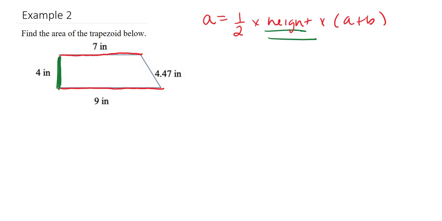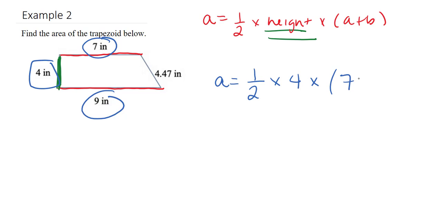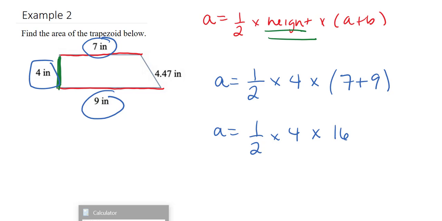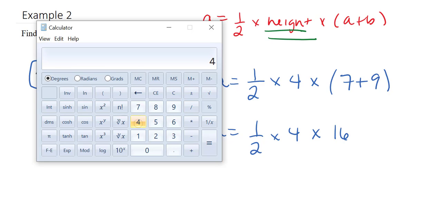So let's go ahead and plug them all in. So we have area is equal to 1/2 times the height. So this 4 inches times A plus B. So 7 plus 9. And then let's start to solve now. So we still have 1/2 times 4 times 7 plus 9, so that's 16. Let's get our calculators out. So we're going to go 4 times 16 first, right?